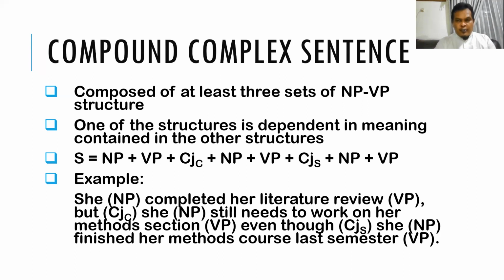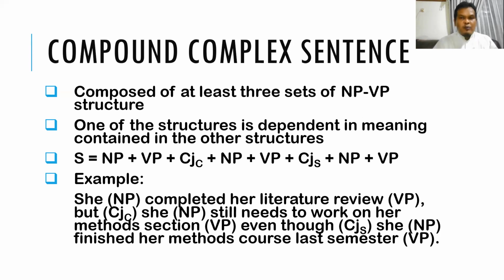Okay, students, this is what you have to know about sentence. A sentence must consist of at least one NP-VP structure. So when a sentence has only one NP and one VP, that sentence is categorized as a simple sentence. When they have 2 sets of NP-VP structures, they belong to either complex sentence or compound sentence.